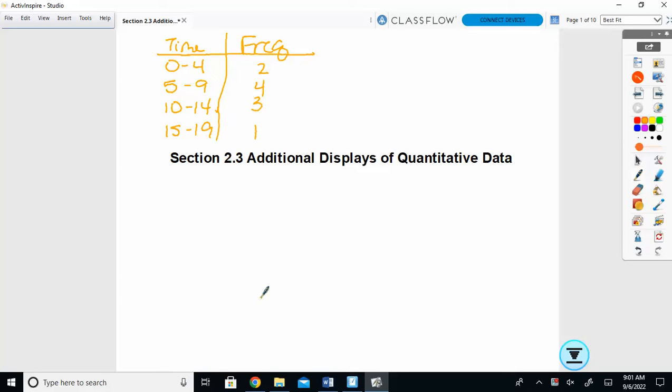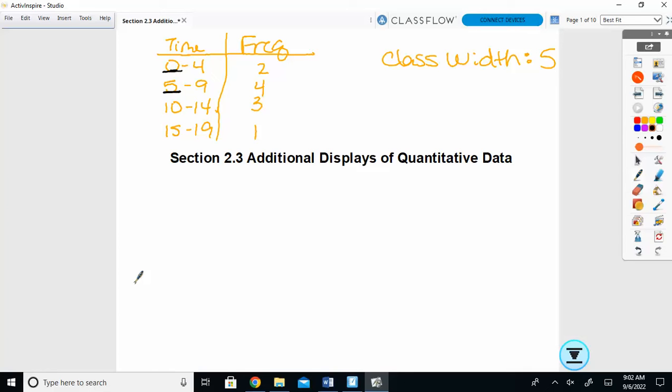Okay, what is the class width there? That's an old definition. Class width is how far it is from where one starts to when the next one starts. So 0 to 5, 5 to 10, 10 to 15, all these have a class width of 5.